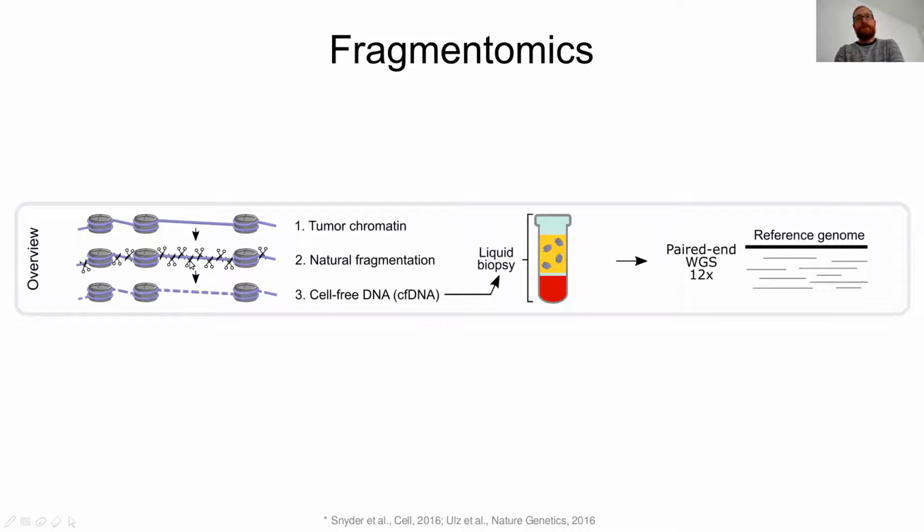And therefore, the fragmentation patterns allow inferences of the epigenetic states of the source cells. We analyze these fragmentation patterns in paired-end whole genome sequencing data of our liquid biopsy cohort, which is a cohort of healthy controls, Ewing sarcoma samples, which is a rare pediatric sarcoma type, and patients with other sarcomas.